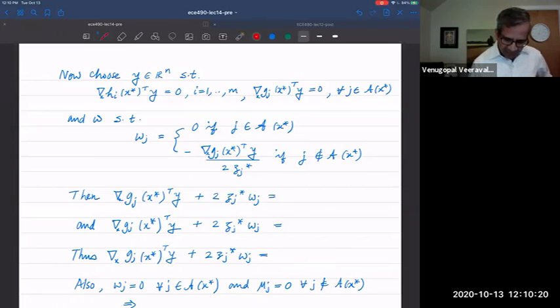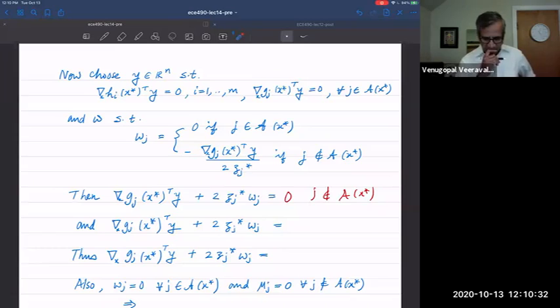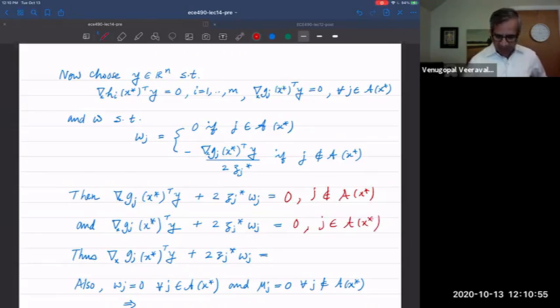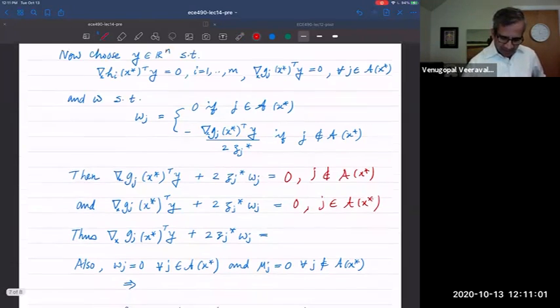So for everything in the inactive set, this is 0. What about j that's in the active set? For j in the active set, we already have up here that this is 0. And also wj is 0. So this is also 0 for j in the active set. So both in and out of the active set, this thing is 0. So the inner product conditions are satisfied.